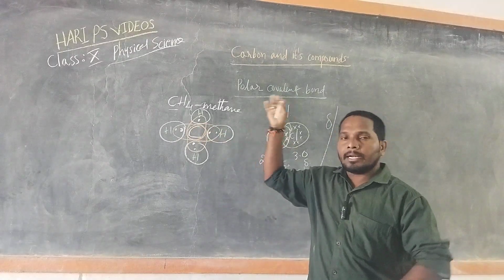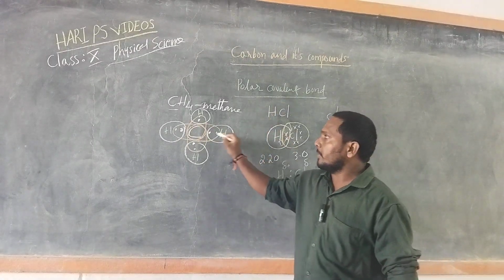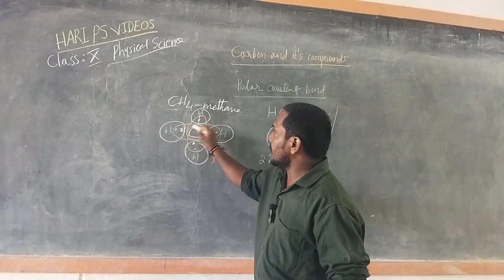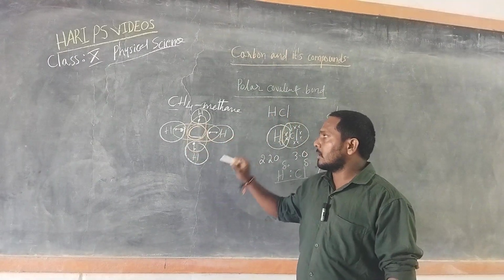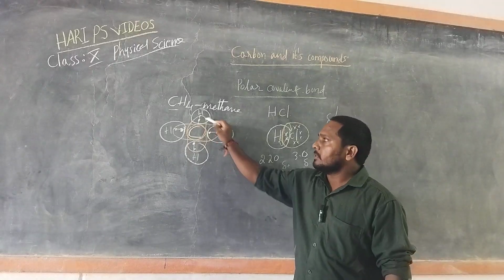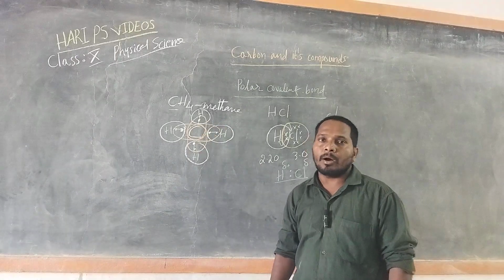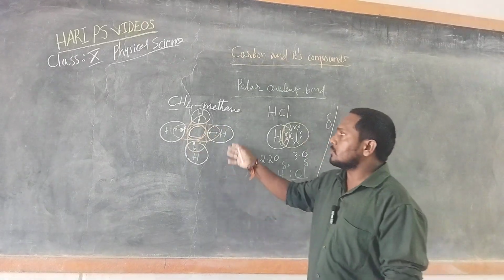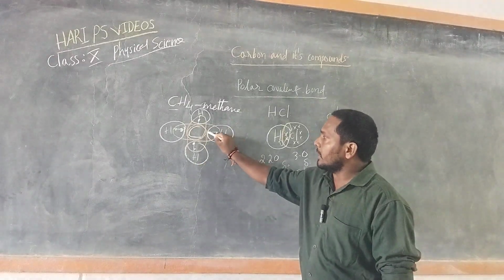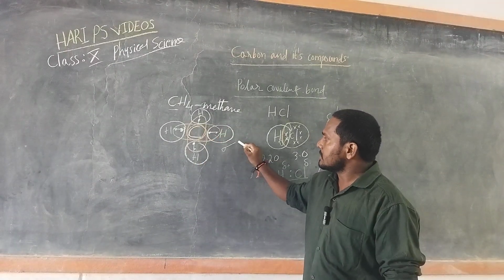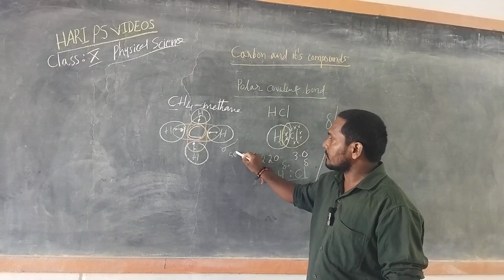So I already explained that between these two, a single bond is formed. By sharing two electrons, one bond is formed. That bond is called a single bond, a strong single bond. These single bonds are also called sigma bonds.